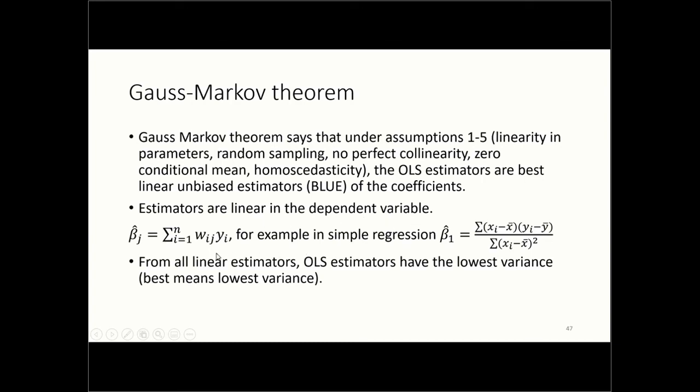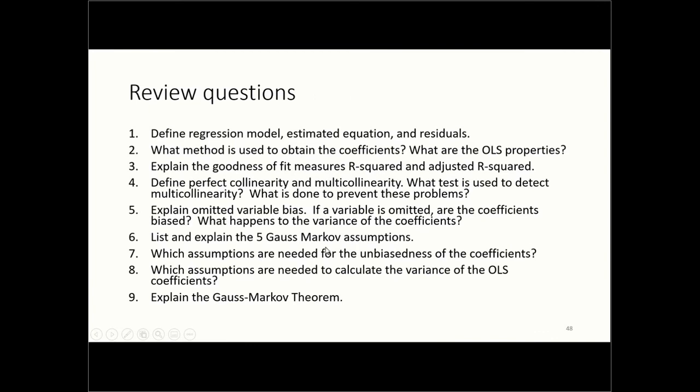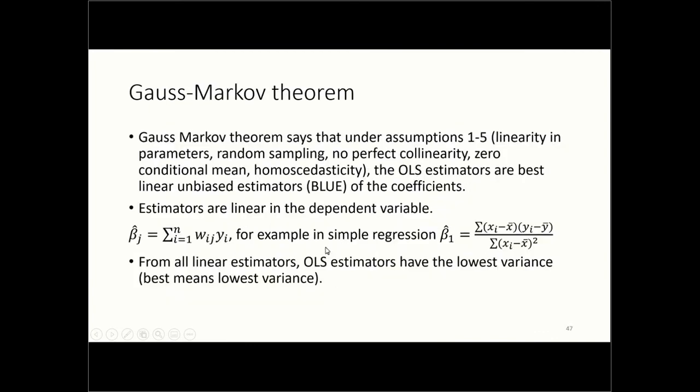If you recall, this is the formula for the coefficient in simple regression. Here we have the covariance of x and y divided by the variance of x. Notice that this is the y variable, and all of these other terms are multiplying this y variable.